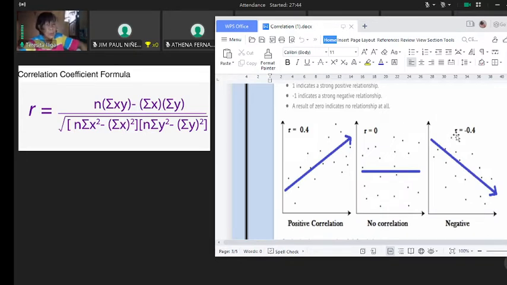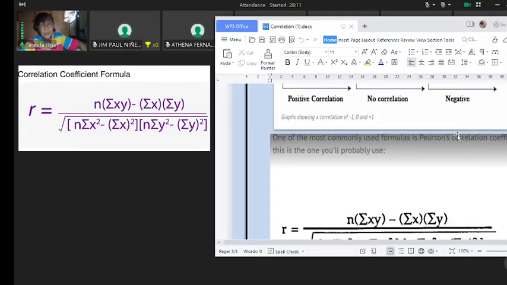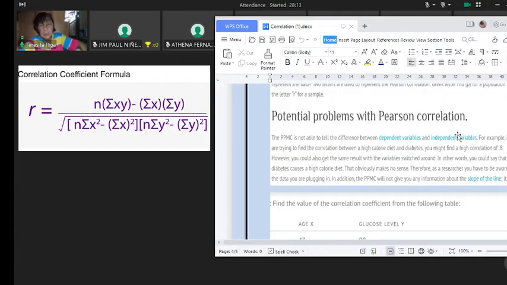If you have the lowest, 0.1, 0.2, 0.3, 0.4, up to 0.5, 0.6, we consider strong as 0.7, 0.8, 0.9, and 1. So we can consider 0.4, 0.5, 0.6 as the middle part.